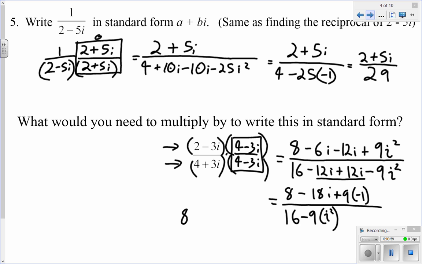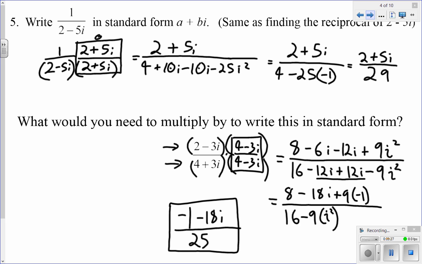I have 8 minus 9, so I'm going to get negative 1 minus 18i all over 16, i squared is negative 1, so negative 1 times negative 9 is 9, plus 16 is 25. So there I have written it in standard form.